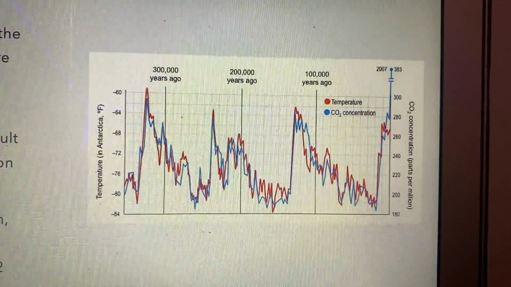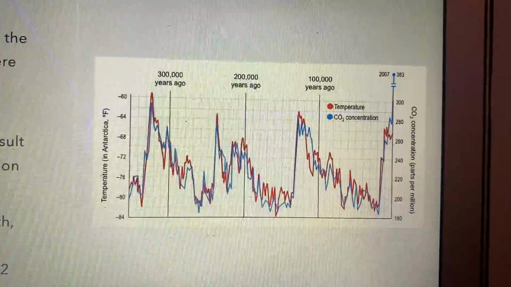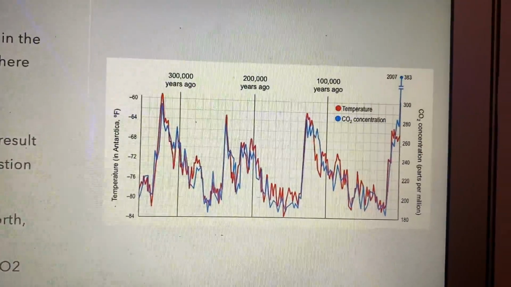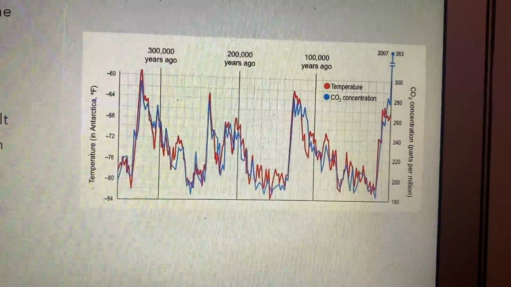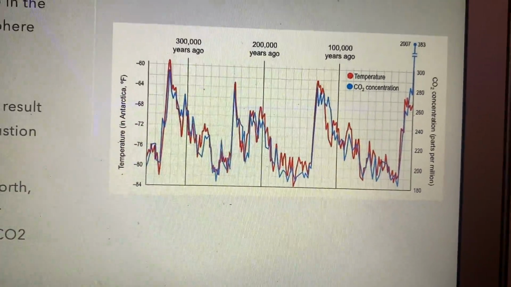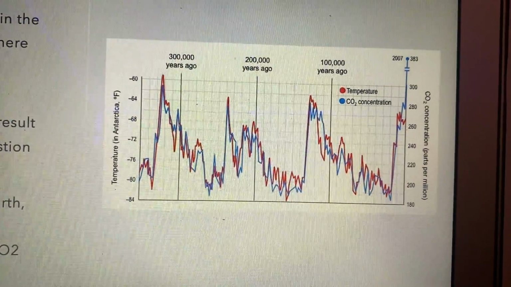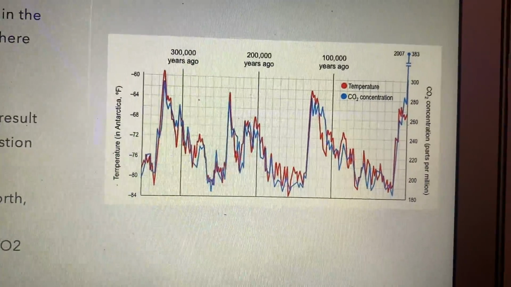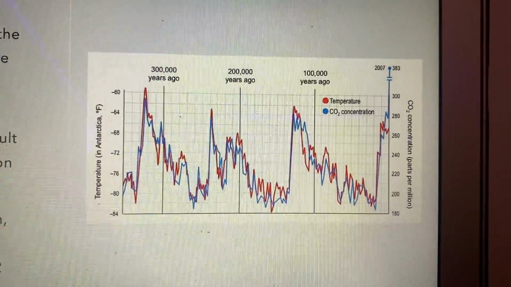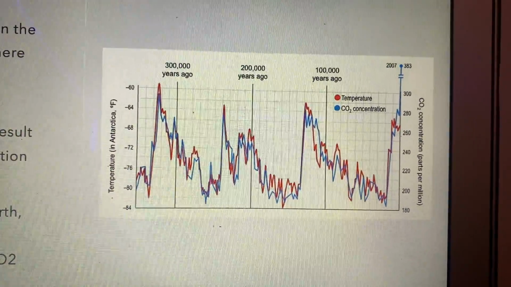But then about 50, maybe 100 years ago, there have been sharp inclines in the CO2 concentration, also causing sharp inclines in temperature. So studies have thus shown that increase in CO2 concentration in the atmosphere have led to increased global temperatures on average. They've also proven this by collecting ice cores from either the north or the south.